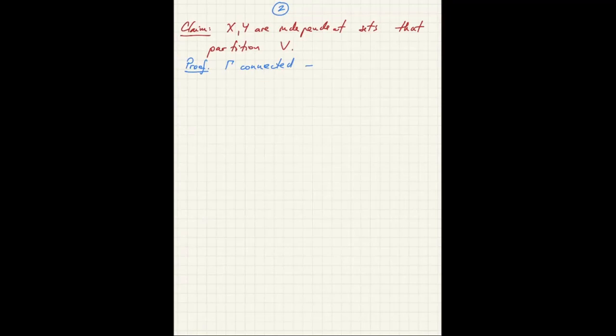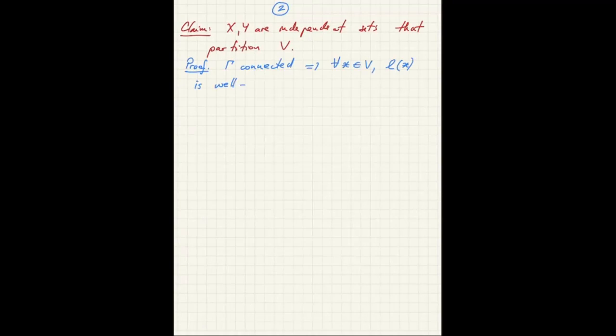So our claim is that X and Y are independent sets that partition the vertex set V. One part of this statement is easy to prove, the fact that they partition V. Because the graph gamma is connected, for any vertex x in V, L of x is well defined.